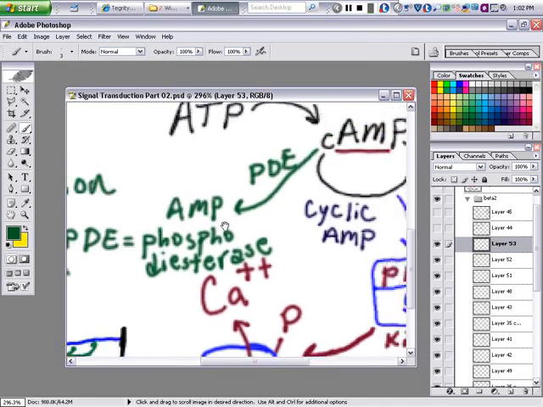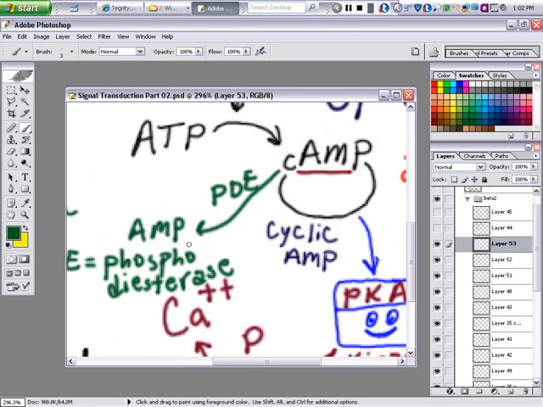The last point I want to make today. There is a chemical that you often take. And what that chemical does is it blocks the action of phosphodiesterase.